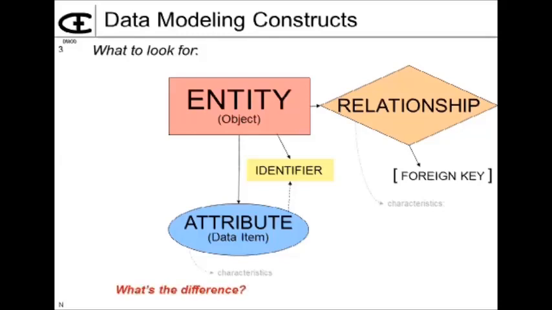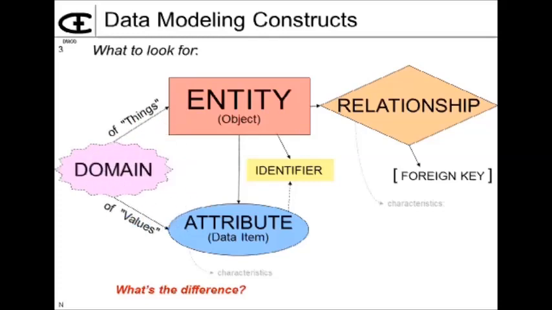What's the difference between entities and attributes? Are they not both populations of something? Well, they are. Okay? We think of an entity as a domain of things. But how do we represent those things? We represent them by identifiers. And what's the identifier? It's a value.